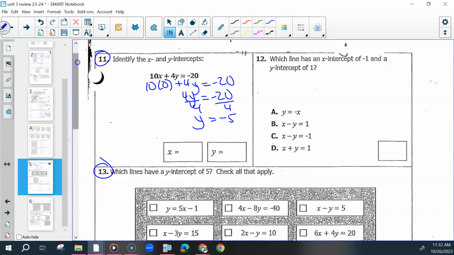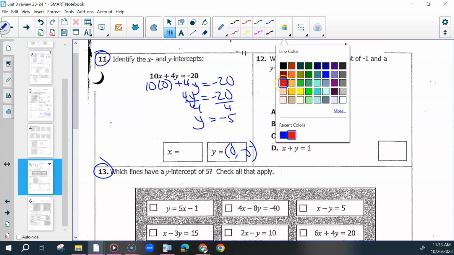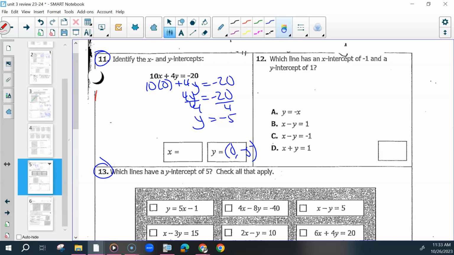And you would put that as your ordered pair, 0, -5. Do the same thing to find x, but put 0 in y's place. So x would equal -2, and that would be the ordered pair -2, 0.